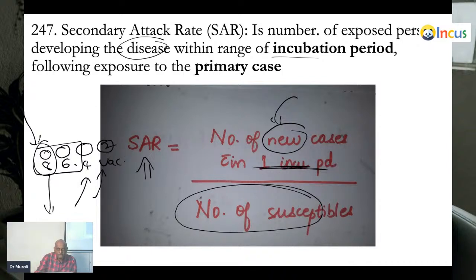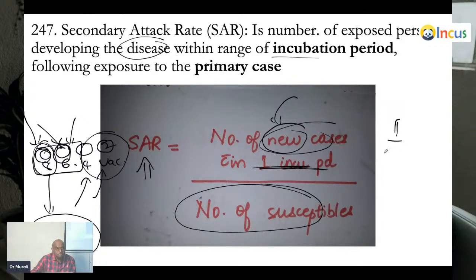Primary case. So how many susceptibles are there other than the primary case? No, these 2 are vaccinated, so they are not susceptible. Only this one is susceptible. And that one got the symptoms. So number of new cases is 1, susceptible is 1. So 100% became the secondary attack rate. That's what you need to basically remember.